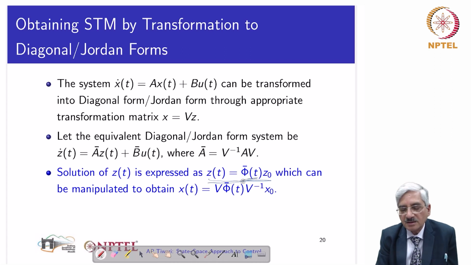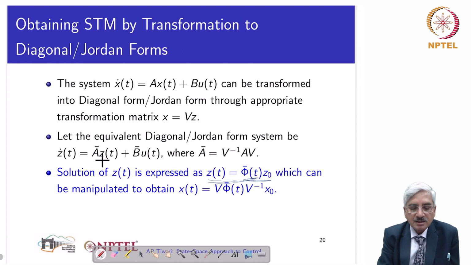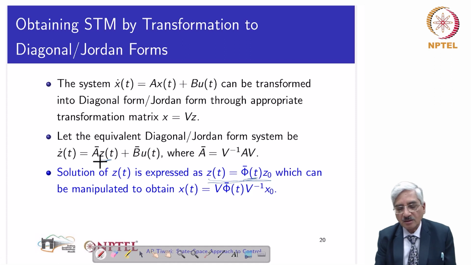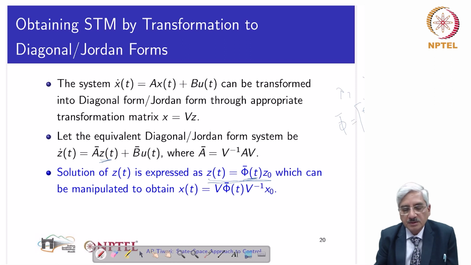Phi bar is the state transition matrix for this diagonal or Jordan form system, which is very easily written. If the eigenvalues are lambda 1, lambda 2, etc., then phi bar will be a diagonal matrix, e power lambda 1 t, e power lambda 2 t, etc. And if it is Jordan form, then a 1 will appear here for the repeated roots. So phi bar t is easily written.